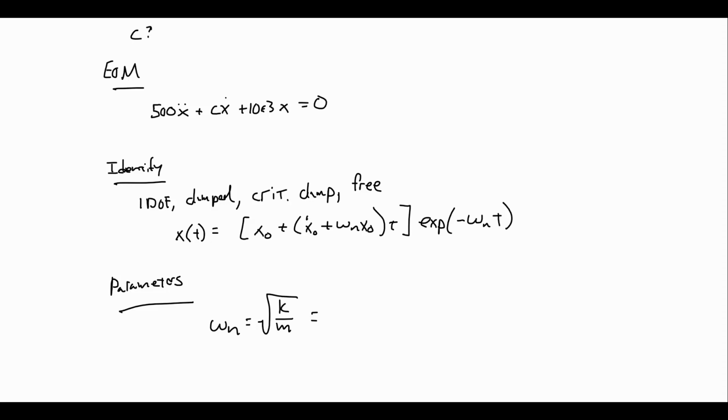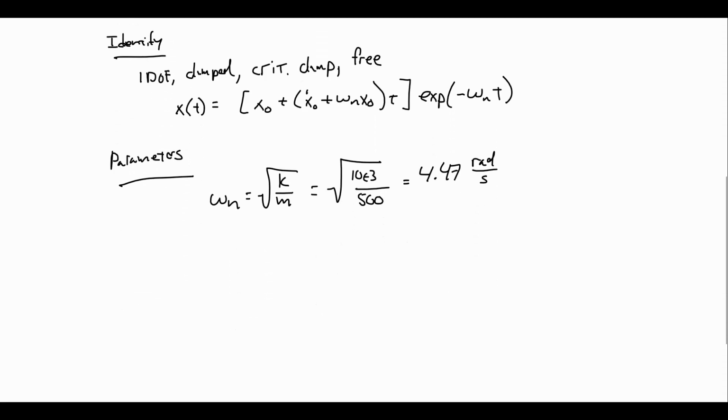And actually here, we're given enough information to calculate the natural frequency. We're told that the spring constant in this simple spring mass damper is 10,000, and the mass is 500 kilograms, which means that this system should have a natural frequency of 4.47 radians per second. Right, so that's just based on given information.